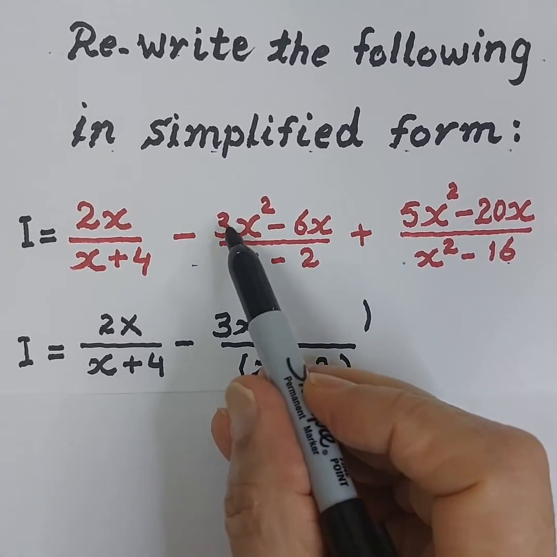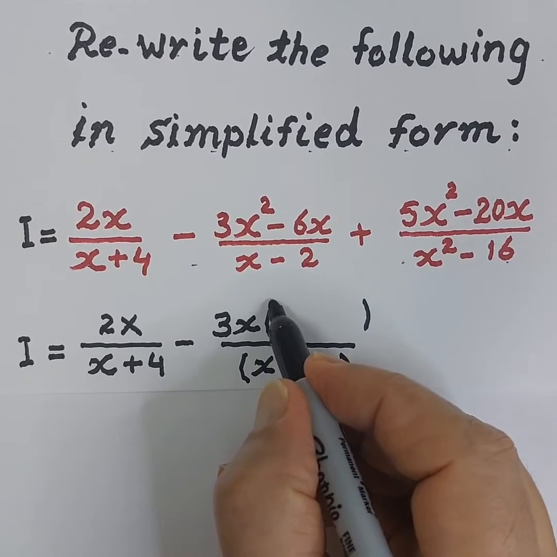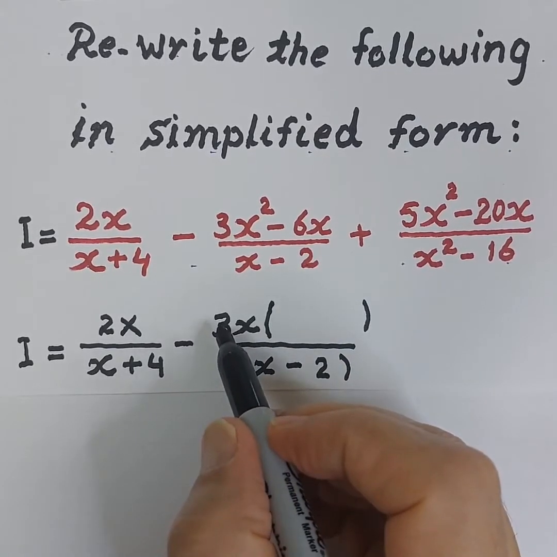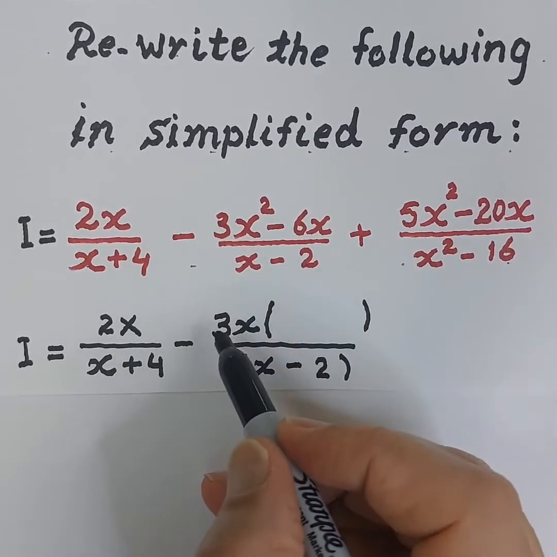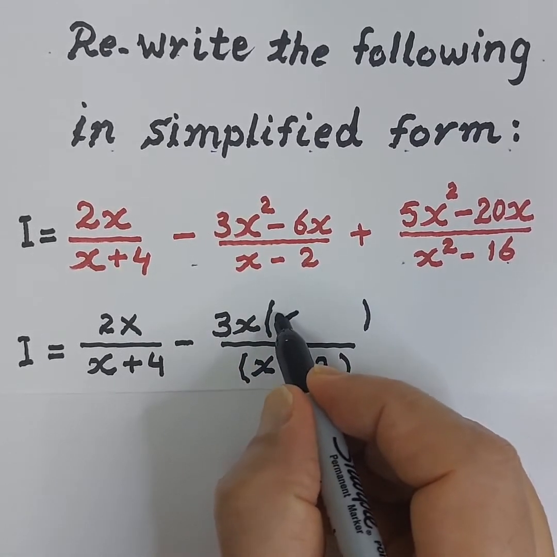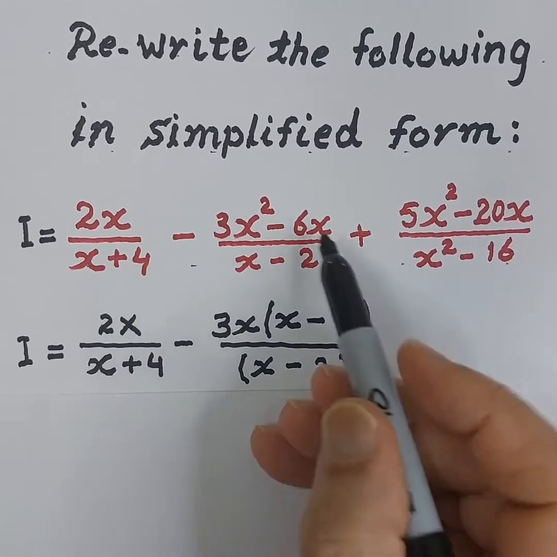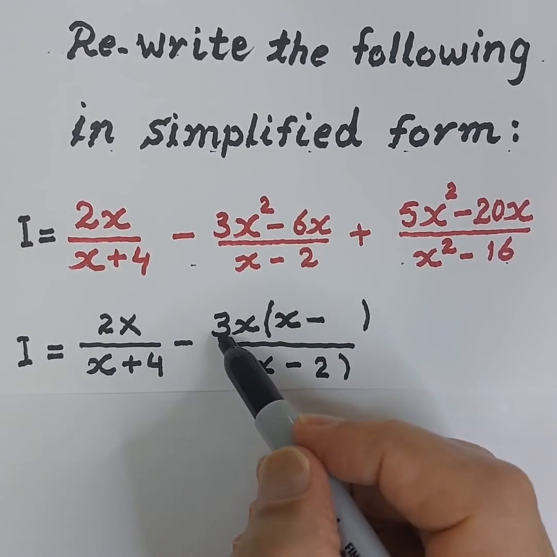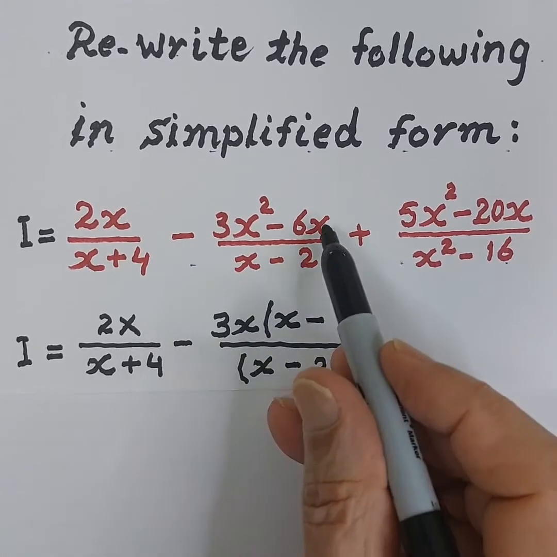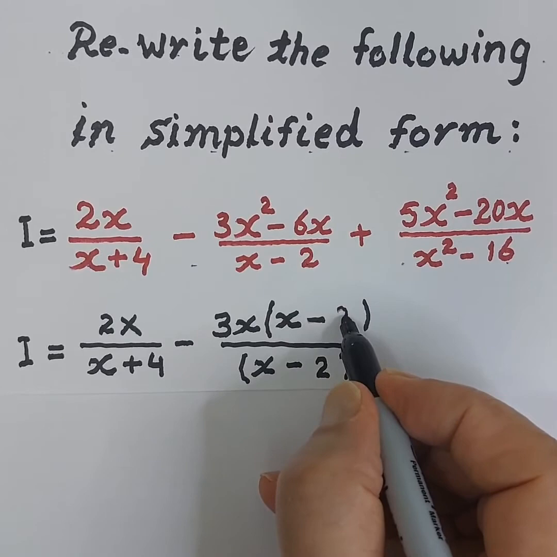When we take 3x out of brackets, what will we write inside the brackets? 3x squared divided by 3x, the result will be x, so we write here x, minus 6x divided by 3x, that means x will go with x, 6 over 3, that means 2, the result here is 2.